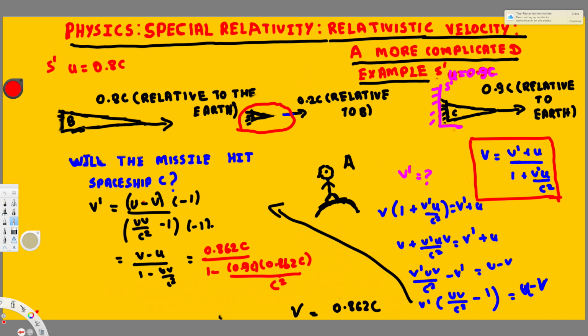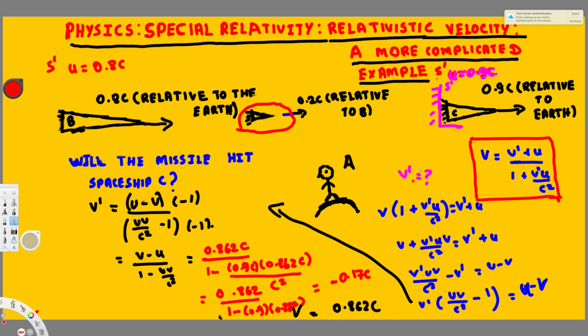Again, this c square and this c square cancel, and we get 0.862 on top, and in the bottom 1 minus 0.9 times 0.862. So this is going to be our final answer. If you simplify and calculate, you will get minus 0.17c.